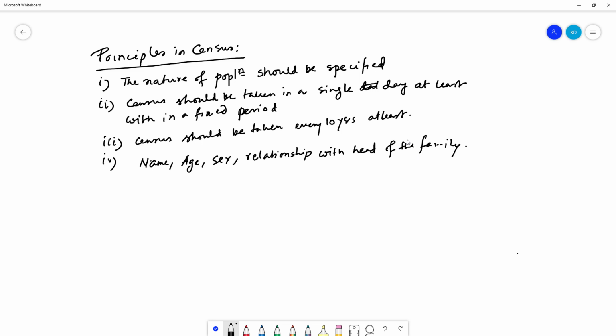Suppose in a family the head is a husband, then the relationship with this person, every person, suppose there are three persons: one boy whose father is the head of the family, the relationship is son, then a woman, maybe she is a daughter or wife, so those relationships are recorded.